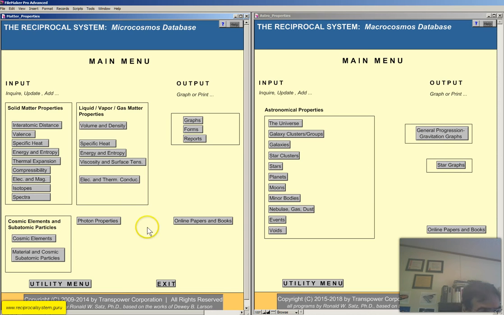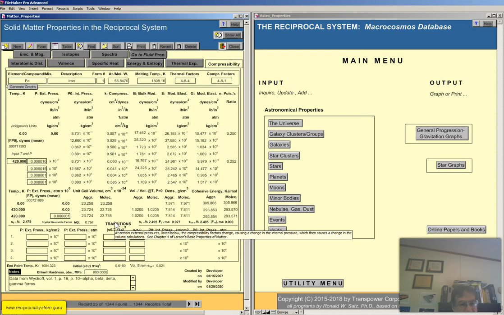We'll come back to the Microcosmos database and we'll just have to wait for this to load. Just have to be a little patient. All the calculations here are ab initio, which means that they're completely theoretical calculations which can be compared with observed data. Okay, that wasn't too bad. That was pretty quick.